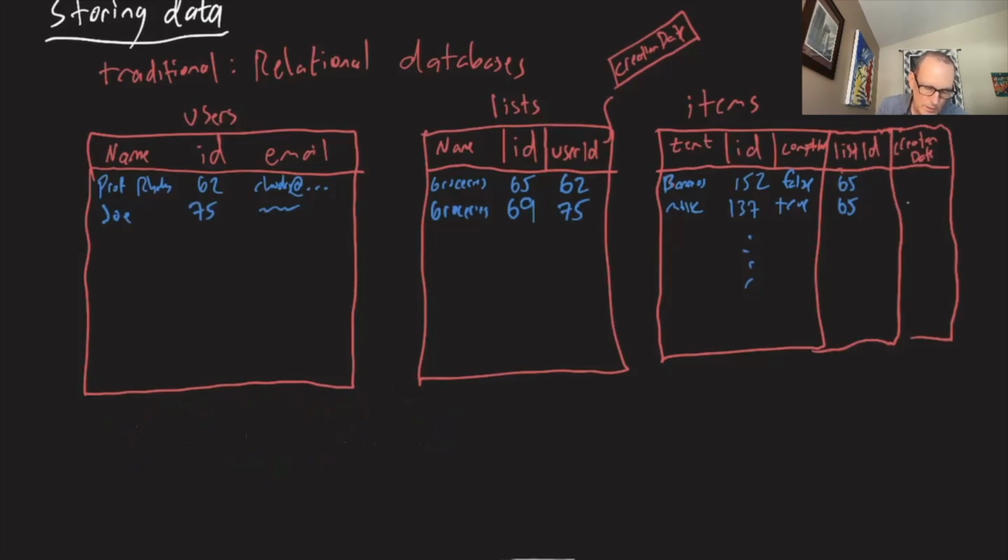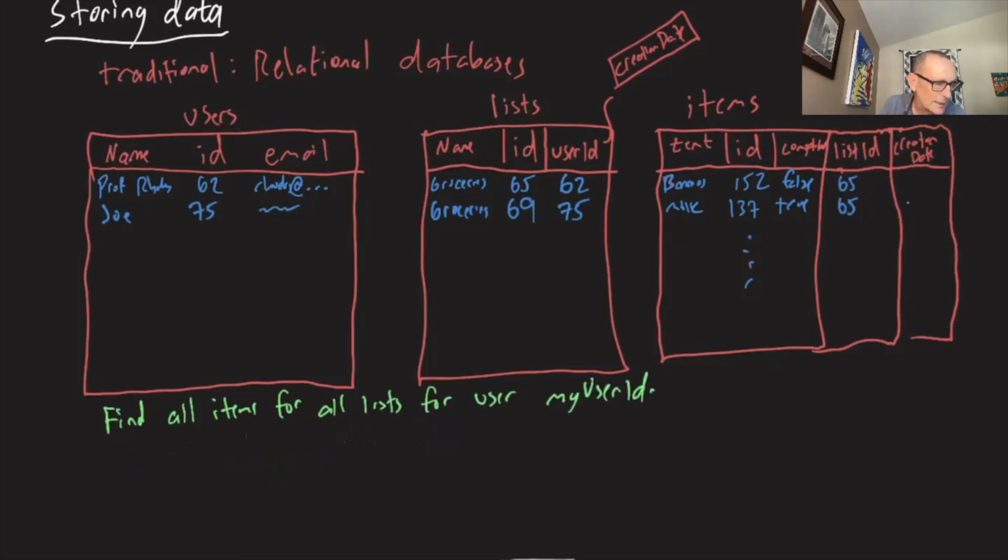Right, so what will we do? Our goal is, again, to find all items for all lists for user, my user ID.